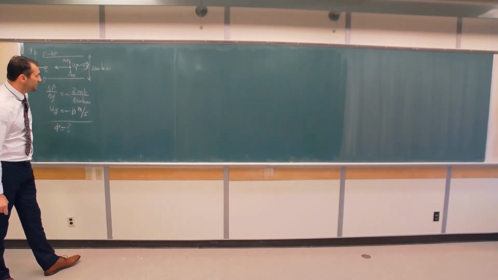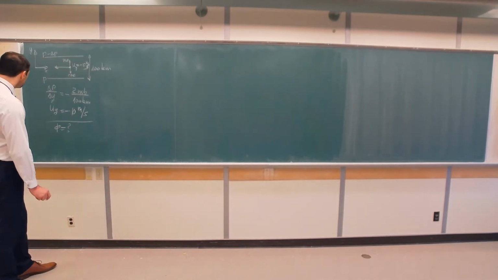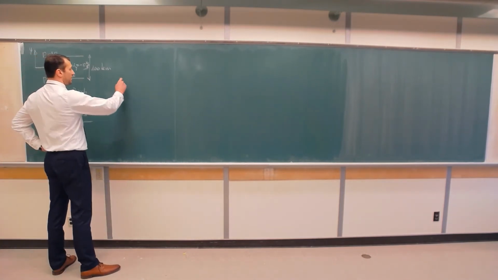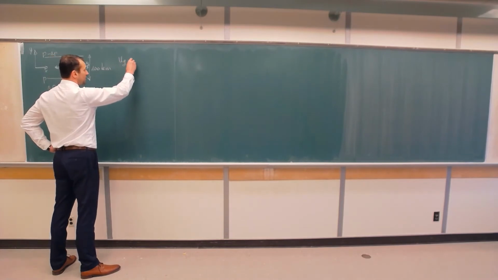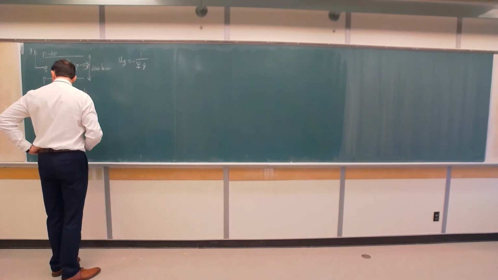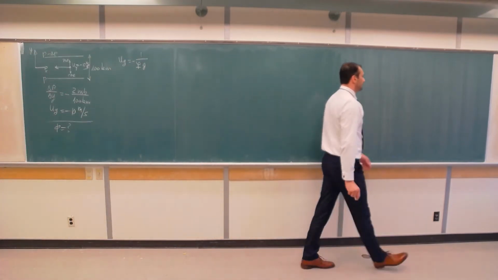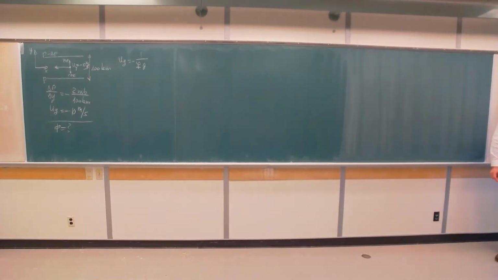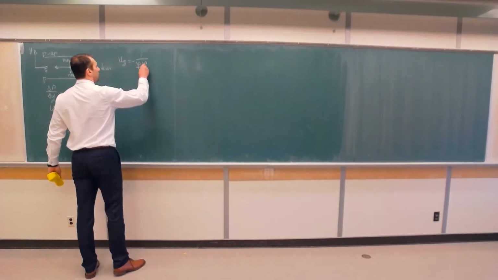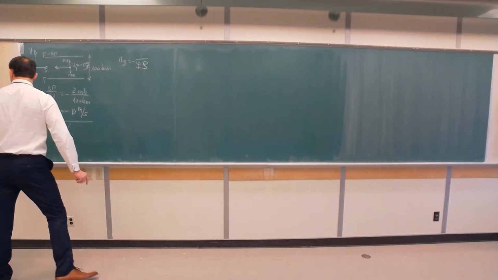To calculate this, we use the equation for geostrophic wind that I derived. So UG is equal to minus 1 divided by F rho, where rho is the density of air.